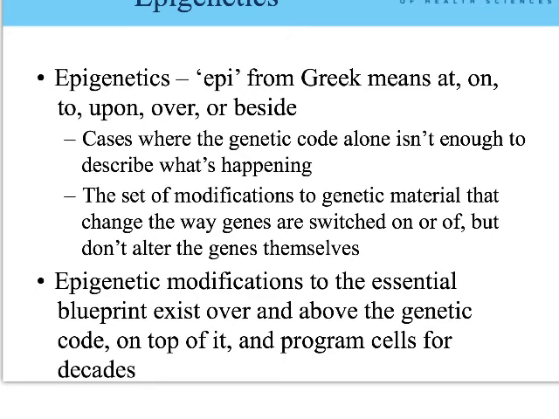In the presence of stress, there is an epigenetic process that's telling it, don't make those. Change the script. And every time that DNA gets reproduced then, it gives the same script changes, right? So epigenetic modifications are a good thing. They're not a bad thing. They are blueprints over and above the genetic code and on top of it. And they program cells for decades.